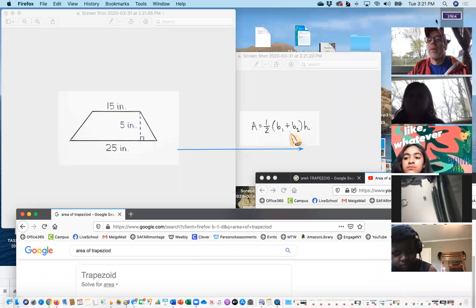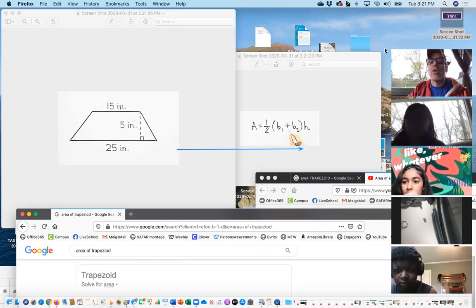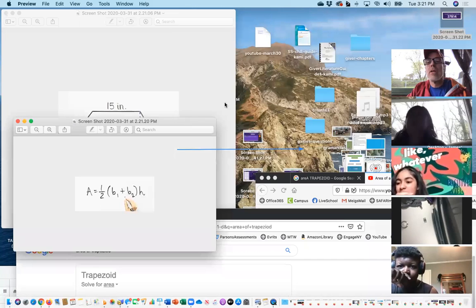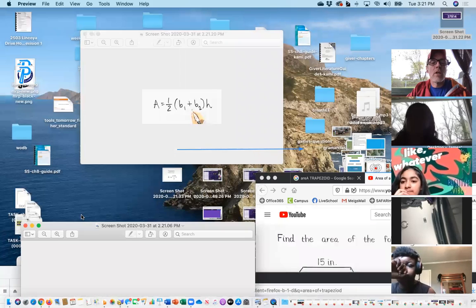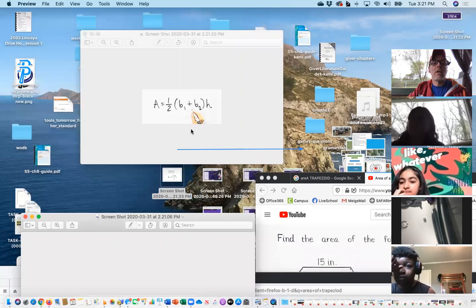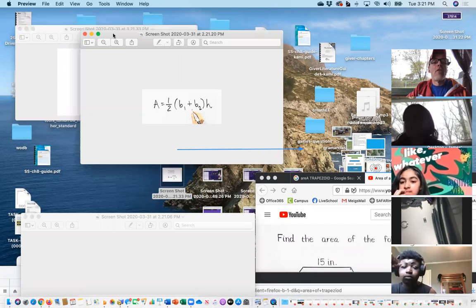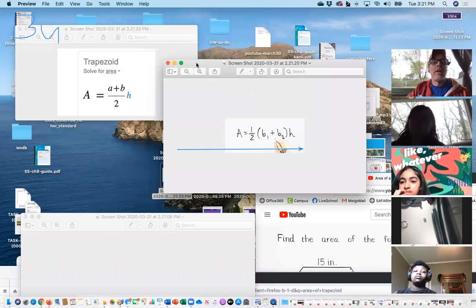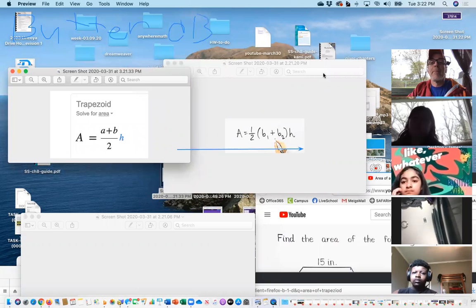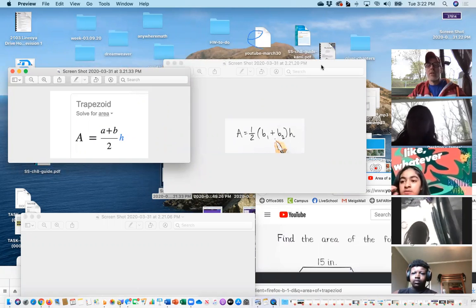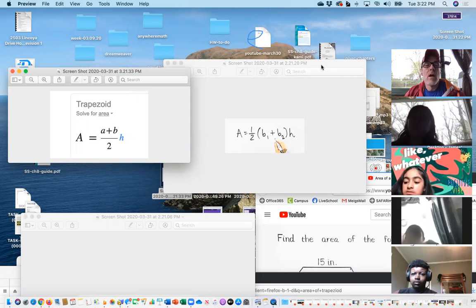Of course, it's hiding under something. Screenshot. Here you are. Okay. How are these two formulas different, or are they different, or are they the same? It's the same thing, just written differently. Okay. You say they're the same. They don't look the same to me.